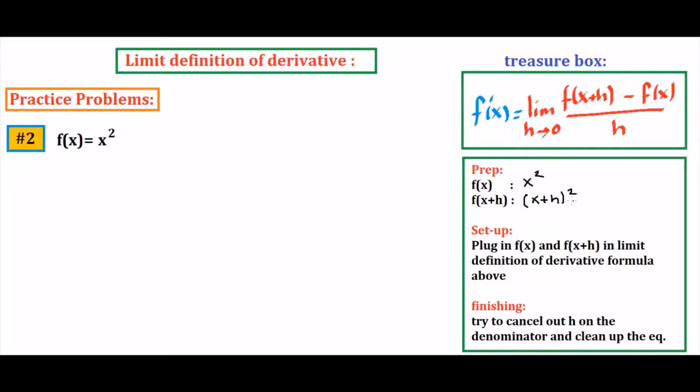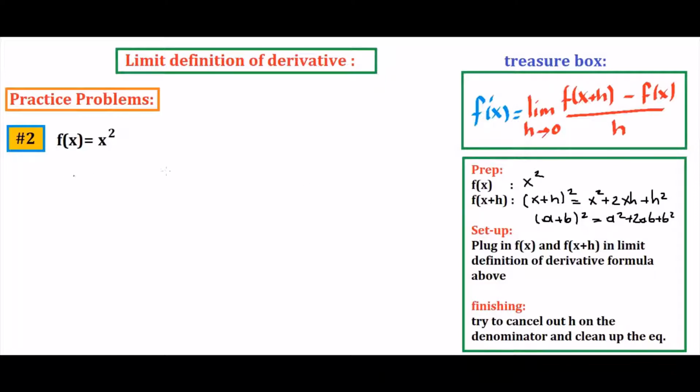Now we need to distribute this. So it will be x squared plus 2xh plus h squared. So if you apply the formula a plus b, the quantity squared, you get a squared plus 2ab plus b squared. Or you can multiply x plus h times x plus h and then simplify.